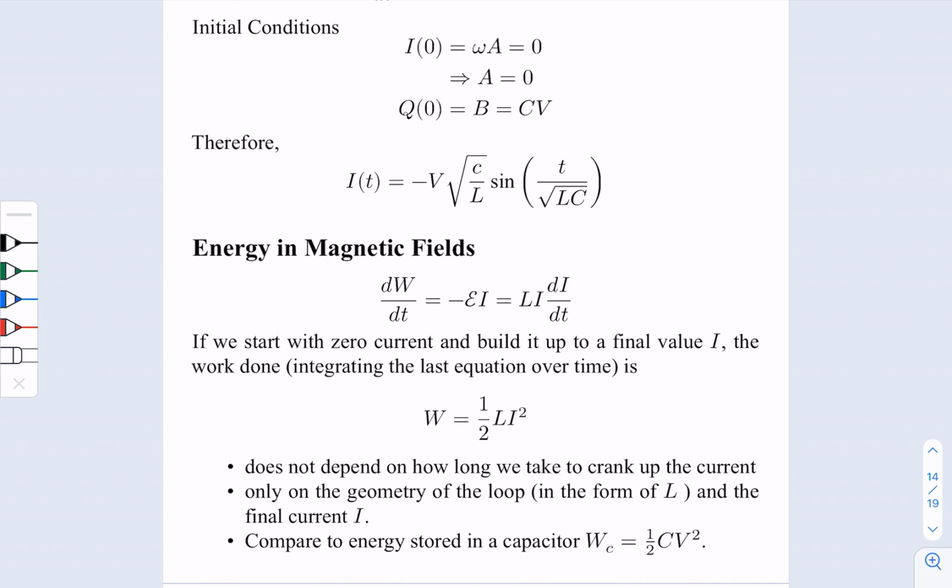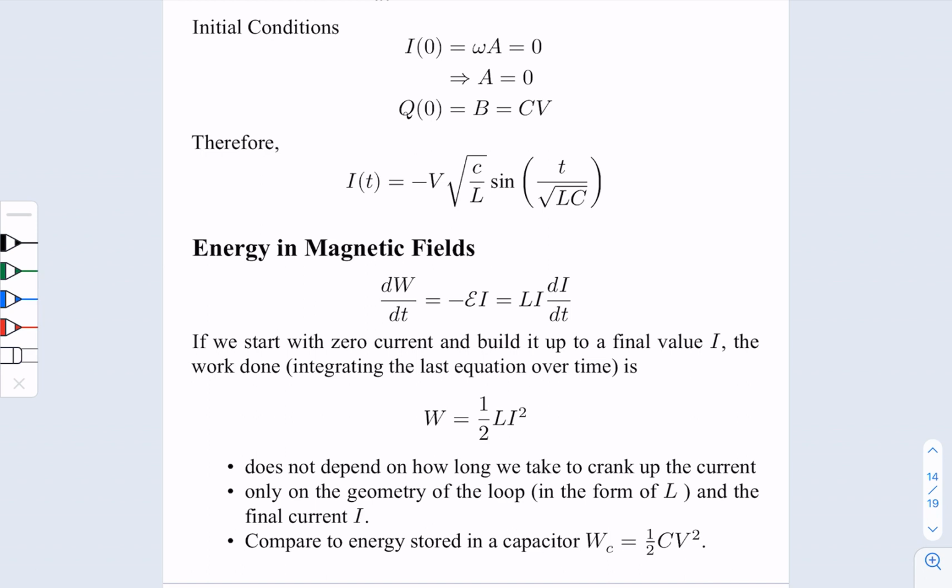We actually started the derivation from the work stored in a capacitor, which, if you still remember, is 1/2 the capacitance times V squared.